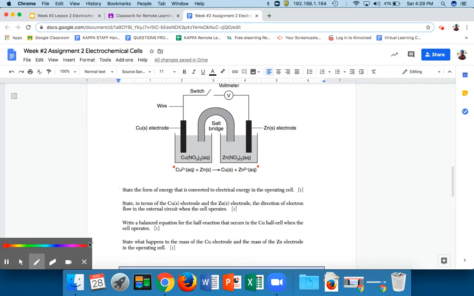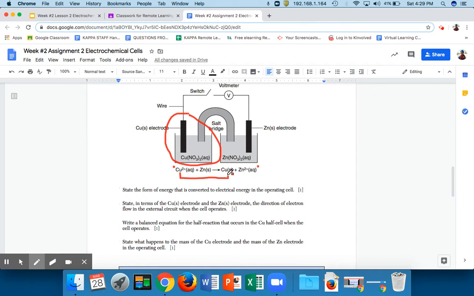3. Write a balanced equation for the half reaction that occurs in the copper half cell when the cell operates. So basically, what is the half reaction happening on this side of the cell? Again, we need to look back at our equation here and we need to isolate. What is copper doing? So let's look.